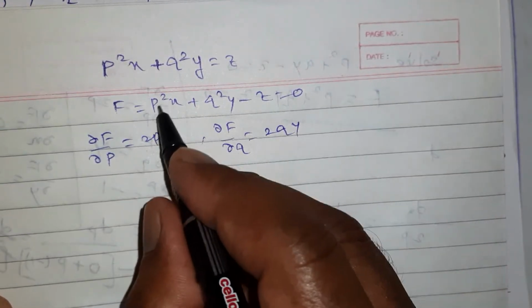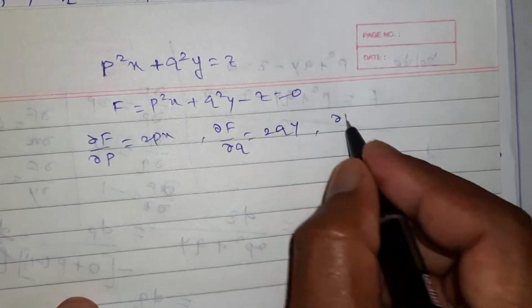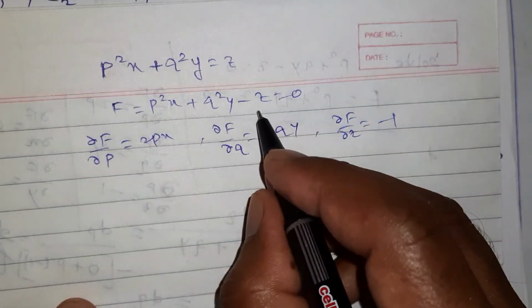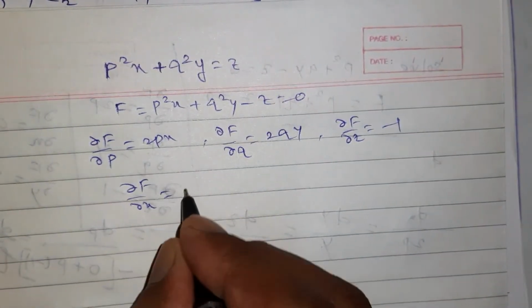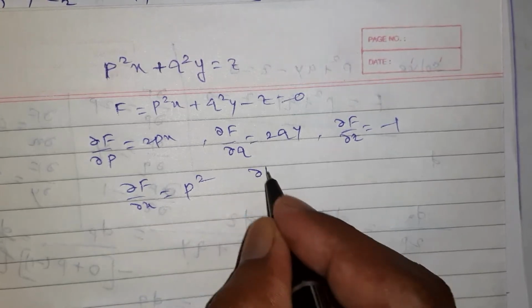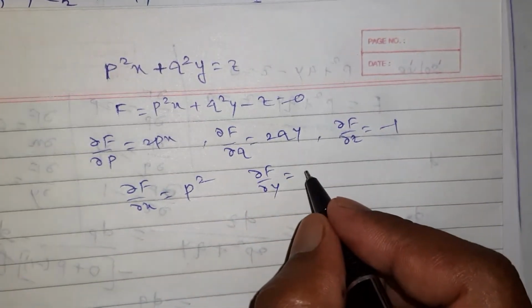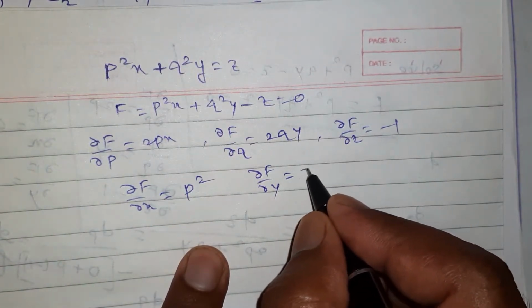Understood? Derivative of p square is 2p, derivative of q square is 2q, right? Then dou f by dou z is minus 1. Next one is dou f by dou x, it is p square. Dou f by dou y is q square.